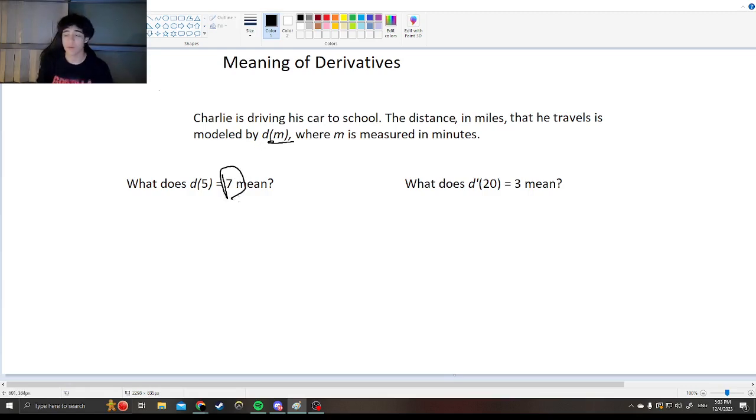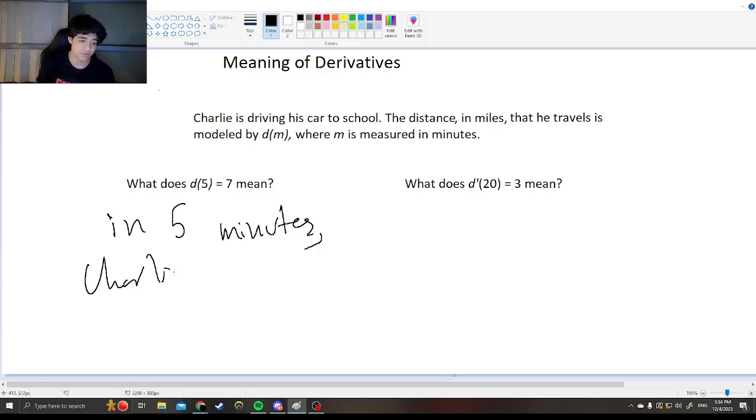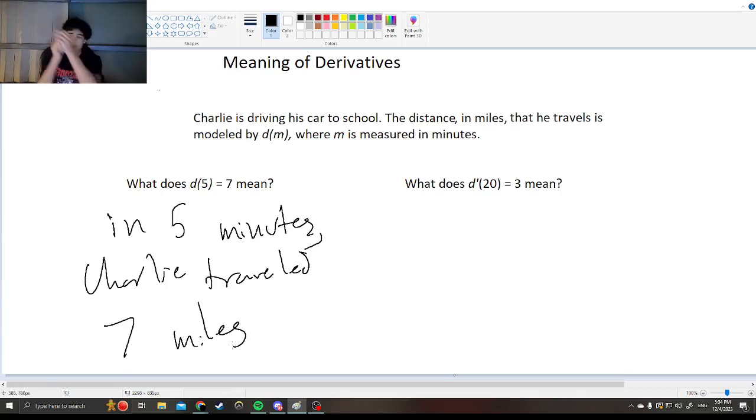It says 7 miles. So d of 5 equals 7 means that in 5 minutes, Charlie traveled 7 miles. 5 minutes in, I'm 7 miles away, because it's showing the distance that I traveled.